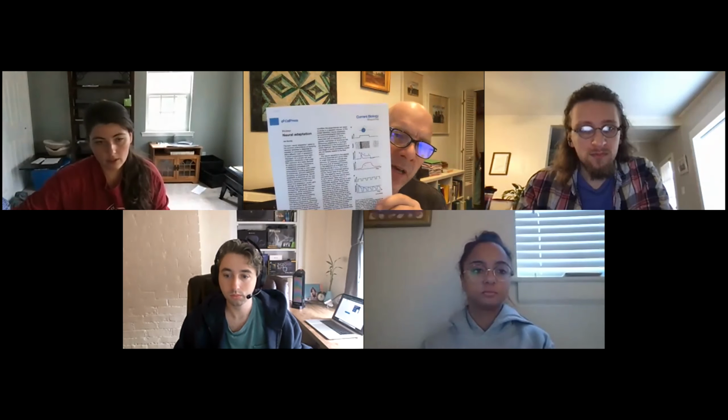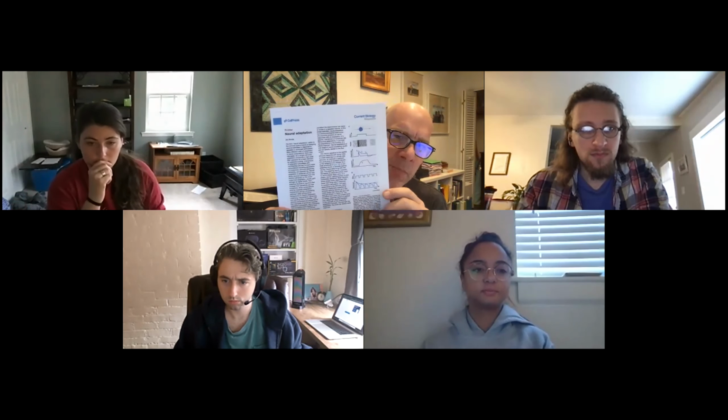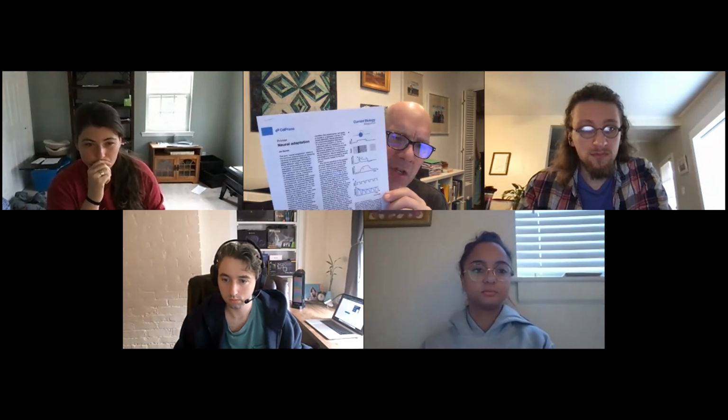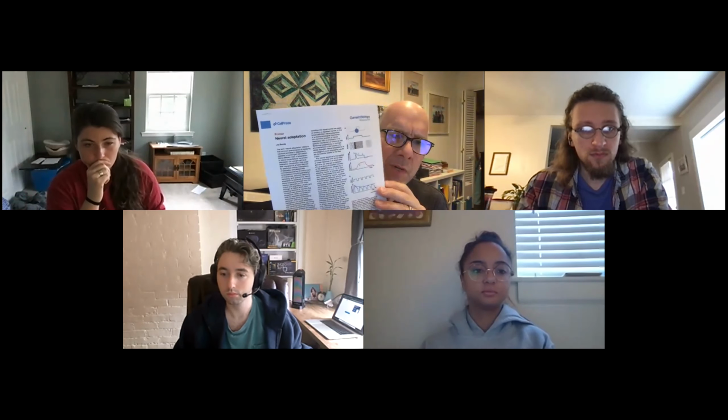So Dan, I found this nice little paper. It's a little bit longer than Emily's, but it's from the same journal, Current Biology. It's one of my favorites, and it's a primer on the importance of adaptation in neural network function.